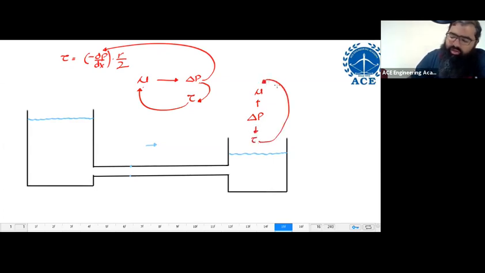All of them are connected to each other. As the fluid particle tries to move forward, there will be shear stresses in the backward direction, and these are going to produce your head losses also.